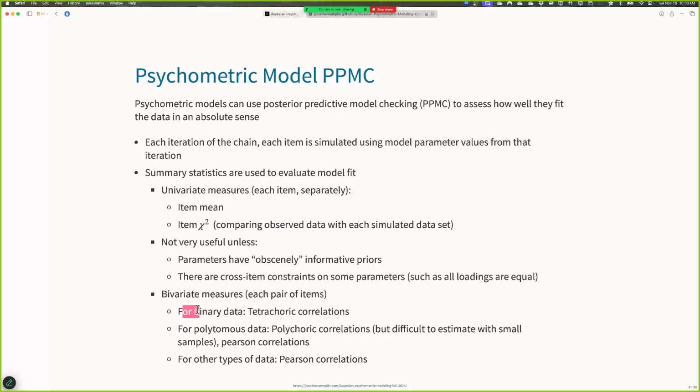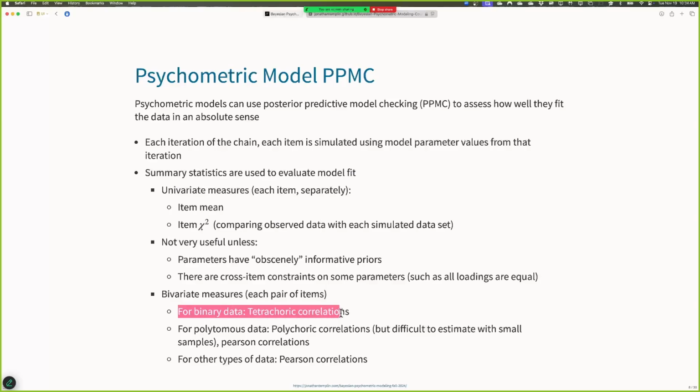They're especially bad for binary data, because what happens to a Pearson correlation if you have a bound in your data? It turns out the range of the correlation is no longer -1 to 1 unless certain conditions are met, meaning that marginal item proportions are equal to 0.5 and so forth. So we switch over to something called the tetrachoric correlation. It's the correlation between underlying continuous variables, if we were to assume those to be underneath the data.